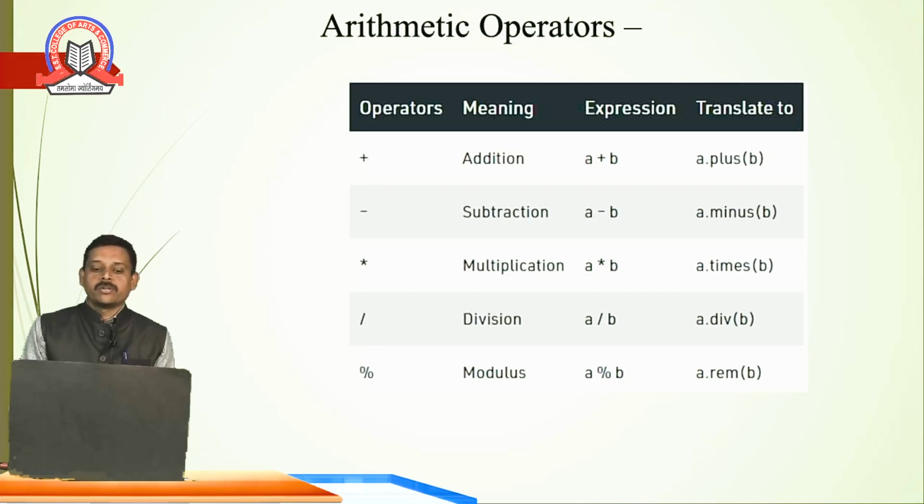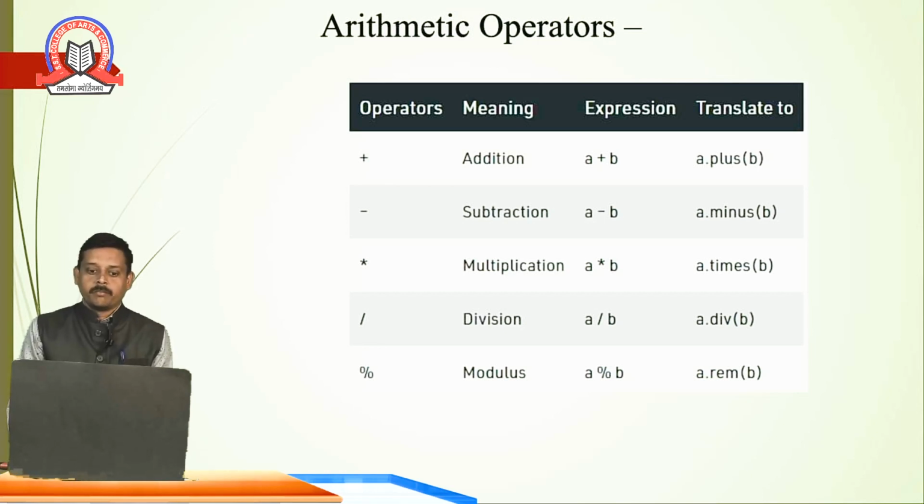These operators have their own separate and unique meaning, and as you can see in the expression, we can use two variables along with the operator for any arithmetic calculation. If I want to add two numbers, for example two variables a and b, then I use a followed by the plus sign and b. This is an addition of a and b, so you can say a plus b.